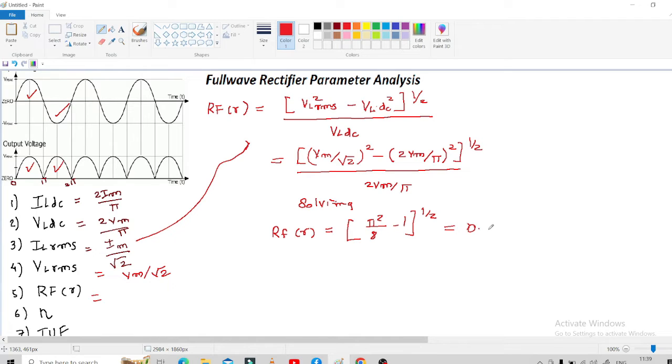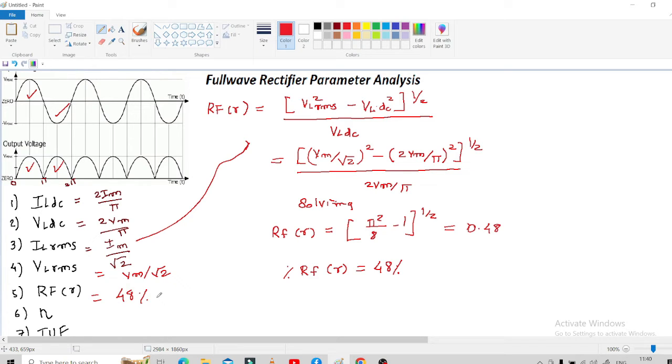And if you multiply by 100, if you want the percentage of ripple factor, small r equals 48%. So for a full wave rectifier, the ripple factor is 48%. If you compare with a half wave rectifier, it was 121%.